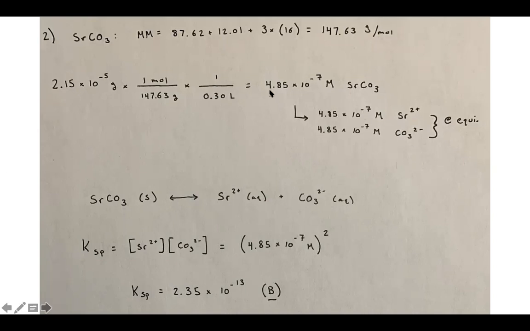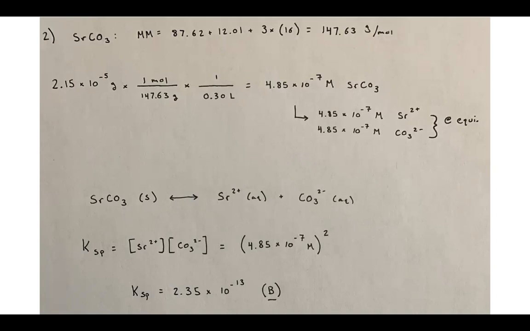So if it's a 4.85 times 10 to the negative 7th molar strontium carbonate, that means that our solution is 4.85 times 10 to the negative 7th molar Sr2+, and that same molarity in terms of carbonate. Okay, and this is at equilibrium because again, it says this is how much dissolved to create this saturated solution.